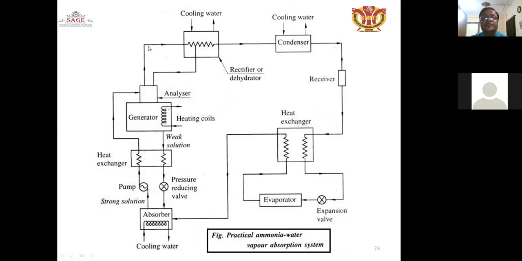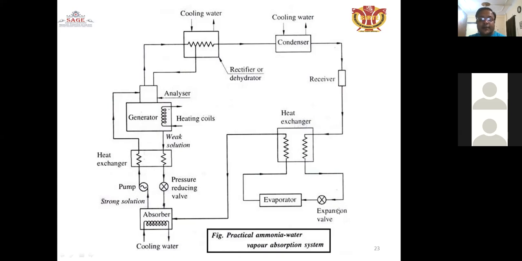If the weak strong solution is produced by the generator, it goes into the rectifier through the cooling water source into the condenser side, and after the condenser it goes into the receiver. After the receiver, some part of the liquid refrigerant passes through the heat exchanger, which exchanges heat between the two fluids, where the evaporator and the expansion valve are installed.